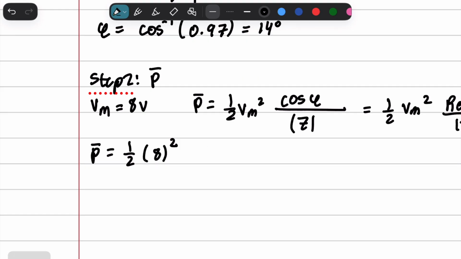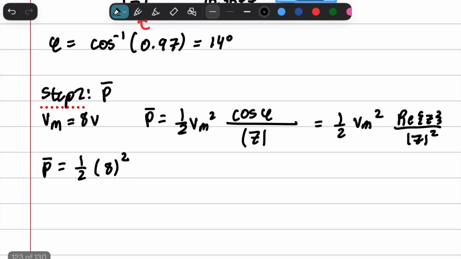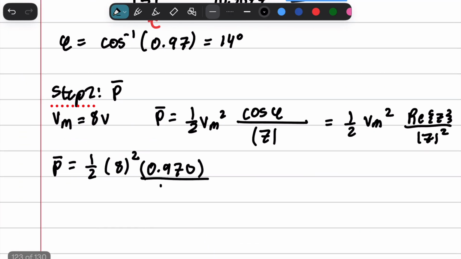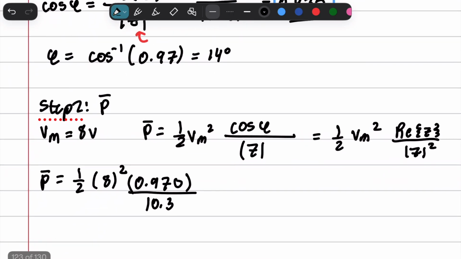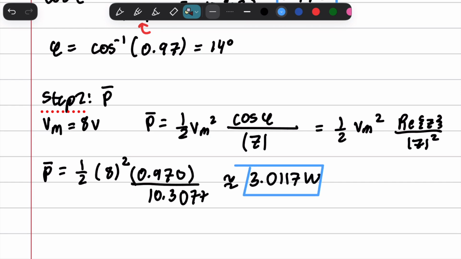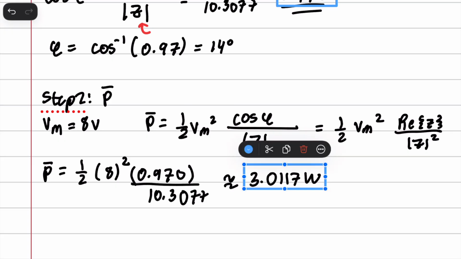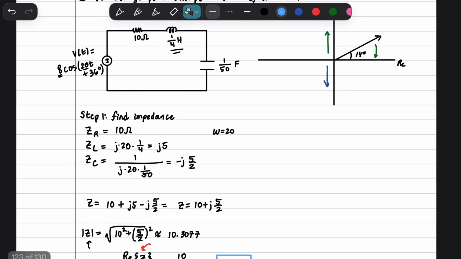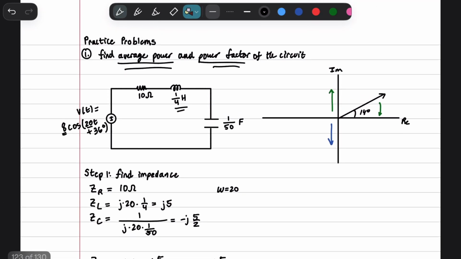So that's 8 squared, and the power factor is just 0.970 divided by the magnitude, which is 10.3077. And that's going to be approximately 3.0117 watts. And that's the answer. So these problems are quite simple. They're just preliminary problems, and we're going to go ahead and do one last one, and then we'll call it a day.